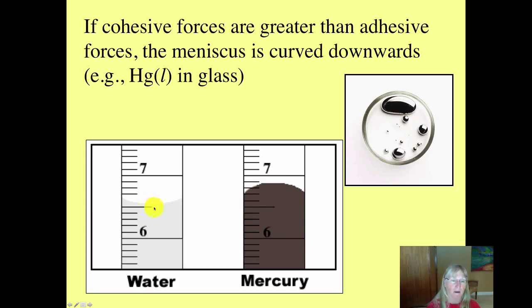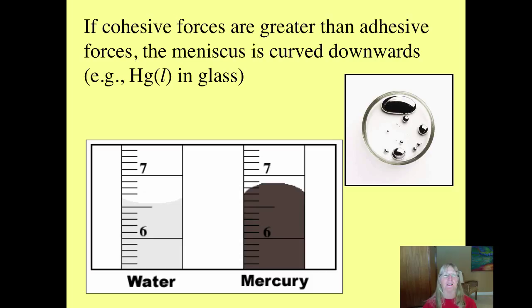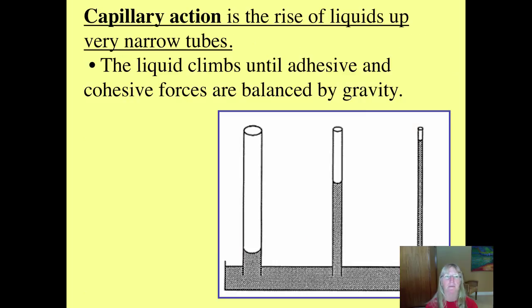If in water the adhesive forces are stronger than the cohesive, then it should be clear that in mercury, the cohesive forces are stronger than the adhesive. They stick to each other more than they do to the sides of the glass that they're in. So that's sort of a cool, interesting thing, and one of the reasons why we do use mercury as a liquid inside of thermometers.